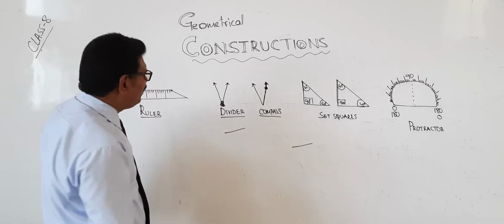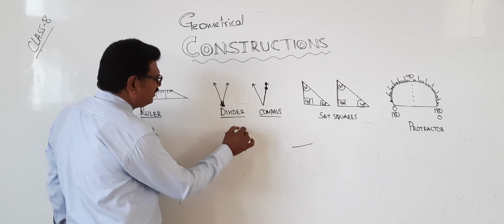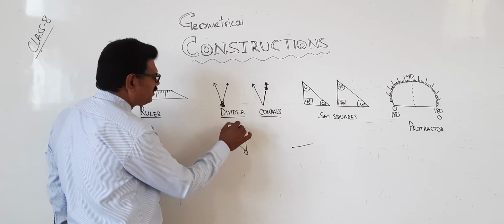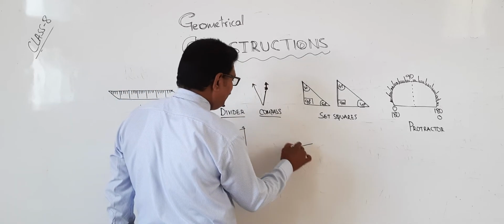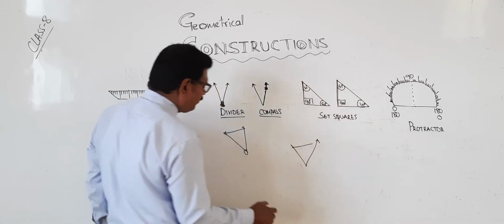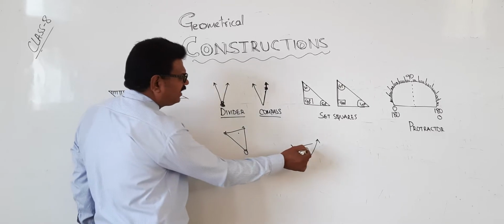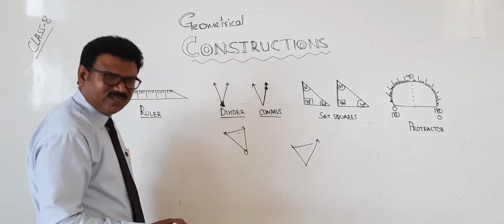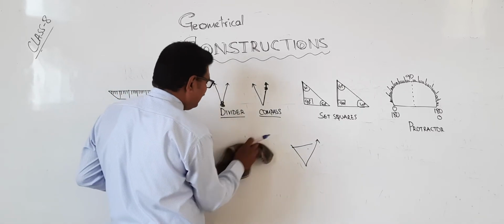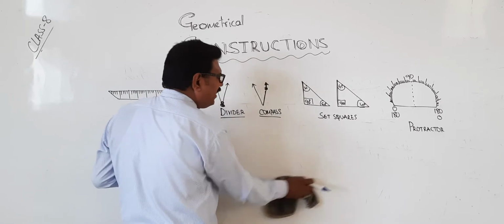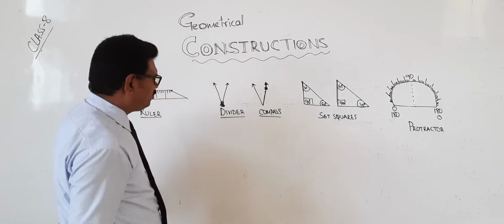At that time, I will put it like this, and next time like this. That means this is greater than this. Did you understand? Okay. Therefore, the divider will also divide. You can divide the line segment also.